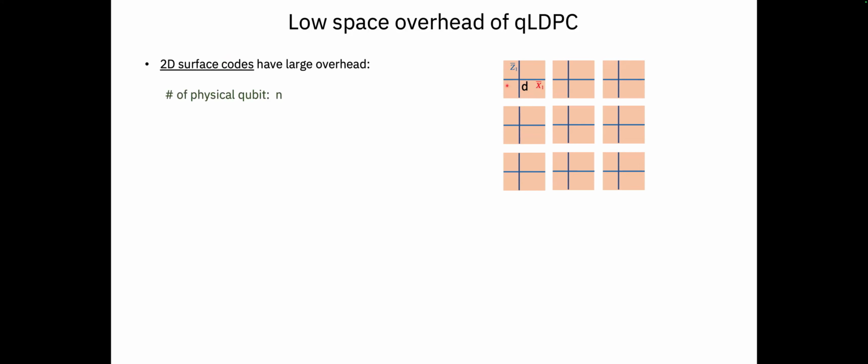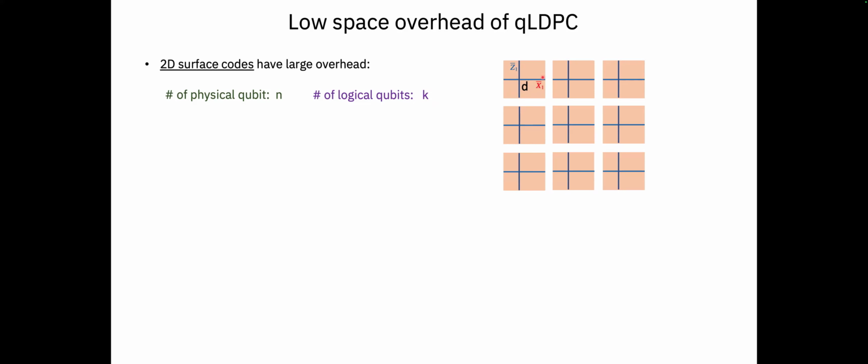Here I'm showing many patches of surface codes, and I define some parameters. First, the total number of physical qubits I call n, and the total number of logical qubits encoded we call k, and here it's just the number of patches.